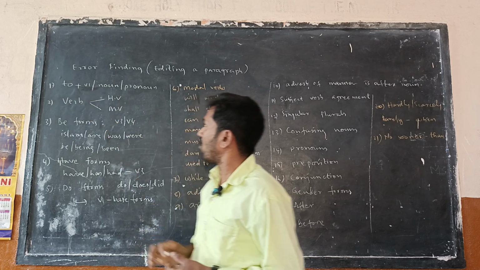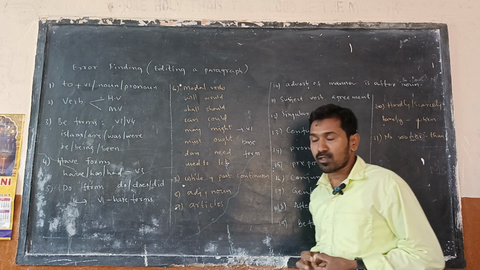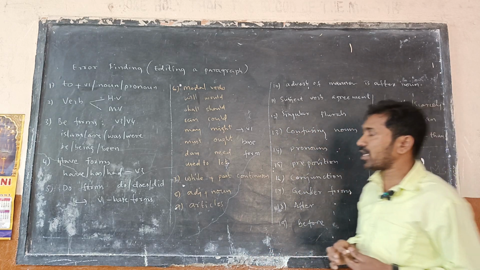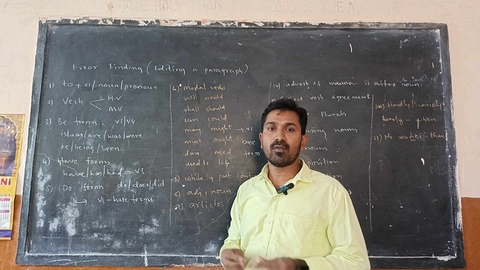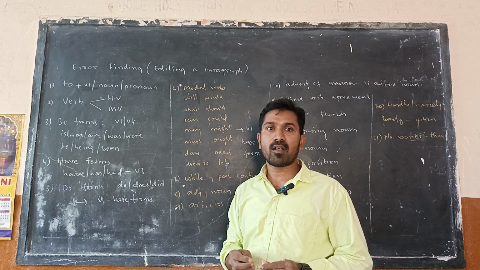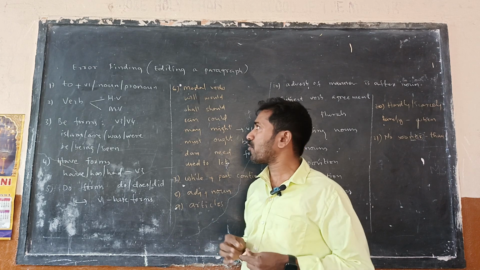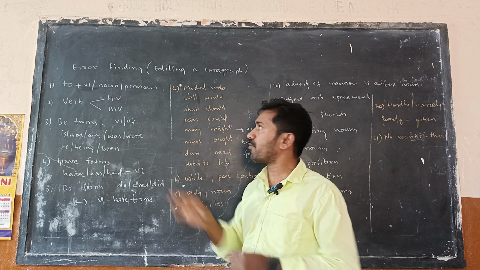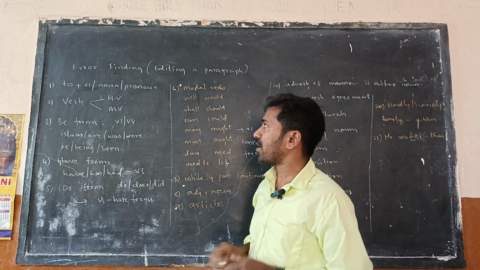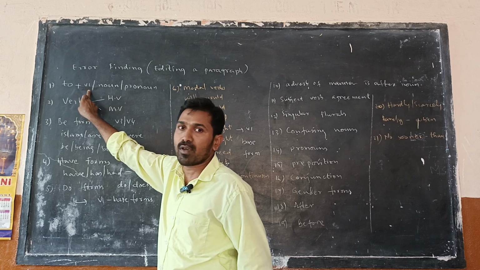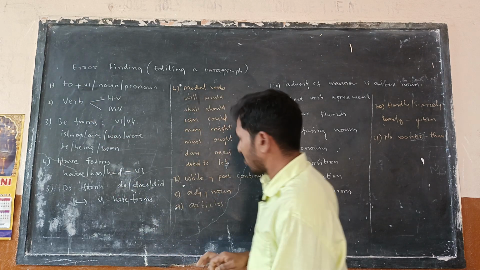To plus V1, or noun or pronoun. To plus V1: generally we find "to" after a word like "gave", for example "I gave it to Ramu" or "I gave it to him", noun or pronoun, and "I want to play". To plus V1, only V1 should be written.